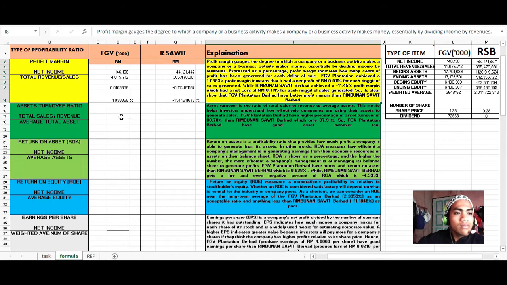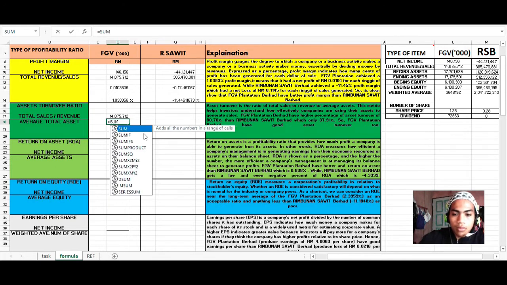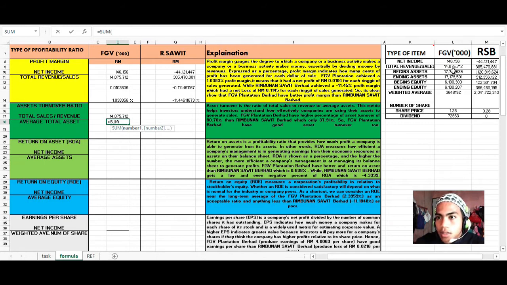The second ratio is asset turnover ratio. So we need total sales divided by average total asset. Total sales revenue we get from before, and for average total asset we use the formula: beginning asset plus ending asset, and then we divide by 2.